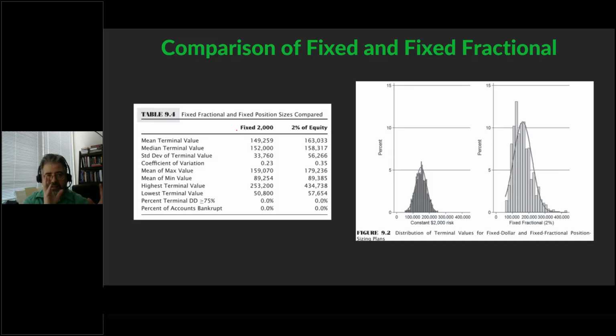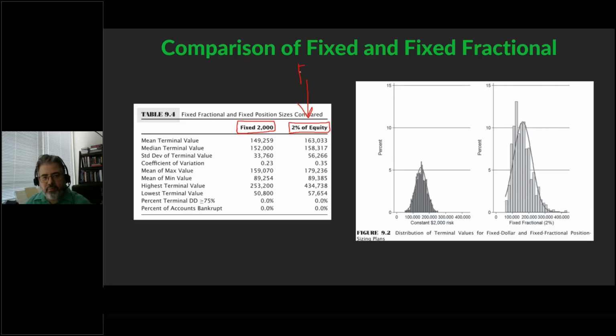Just to understand here, this looks at that same coin flip system, and this is now, I think, 1,000 runs through the system. This is risking $2,000 per trade in the $100,000 account, and this is risking 2% of equity. Now, the second column is fixed fractional.